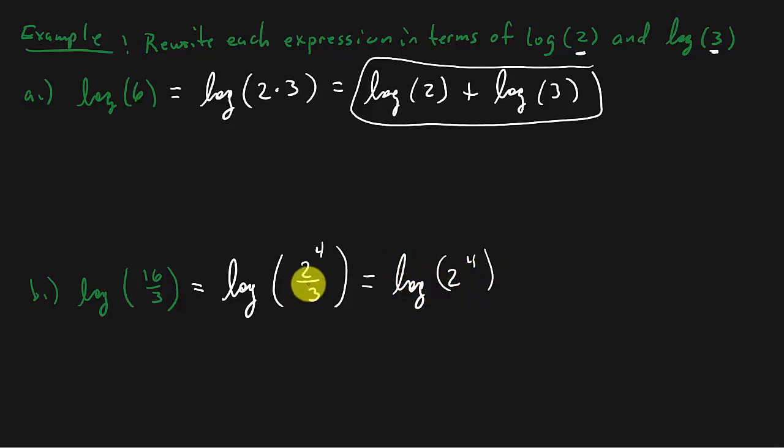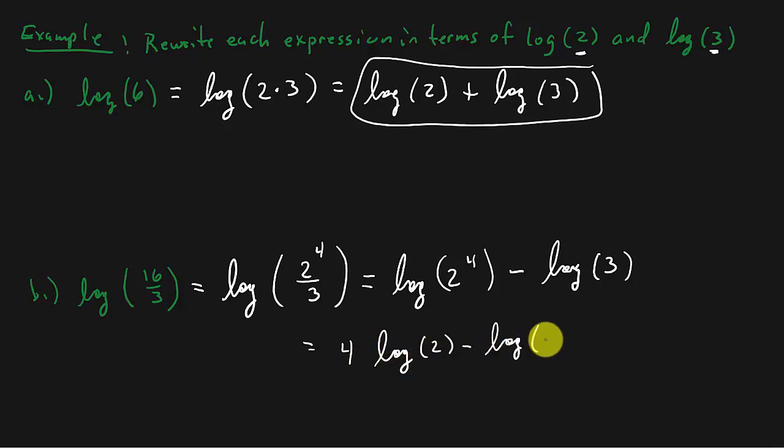Now this is division, so that splits up using subtraction, and that's log 3. Well, we still have a problem. We've got this 4 right here. So I need to take the 4 and move it down in front. So that's going to be 4 log 2 minus log 3. And there's your answer.